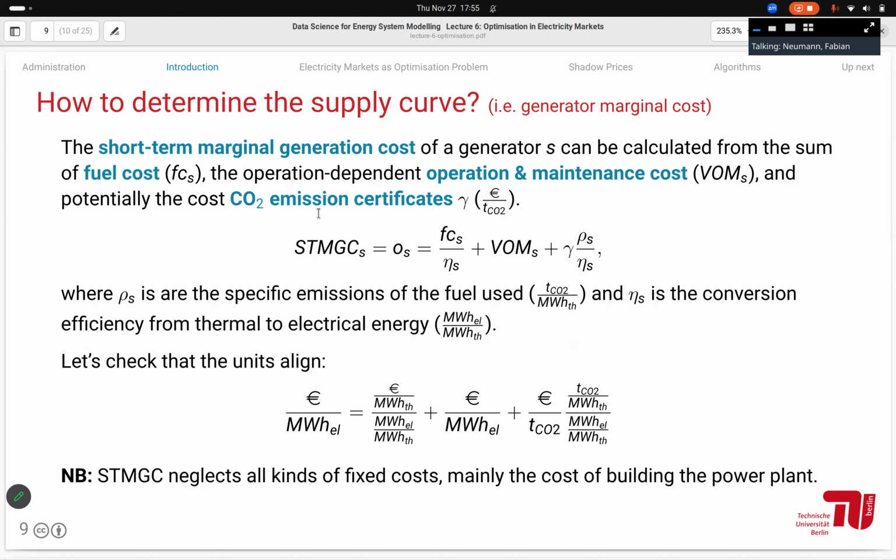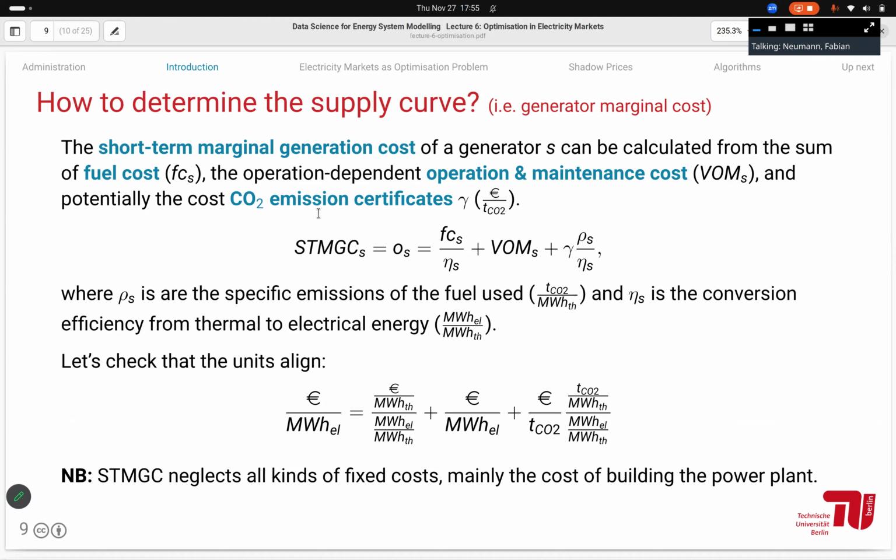But the short-term marginal generation cost would basically just consist of your fuel cost. Could be zero fuel costs in the case of wind and solar. Your operation-dependent operation and maintenance costs, so your VOM, variable operation and maintenance costs, so kind of a euro per megawatt hour of electricity produced cost.